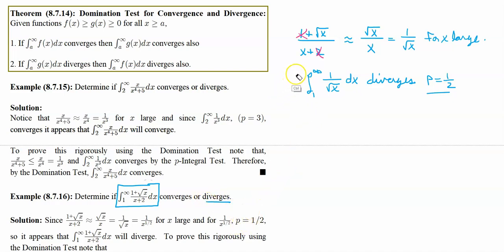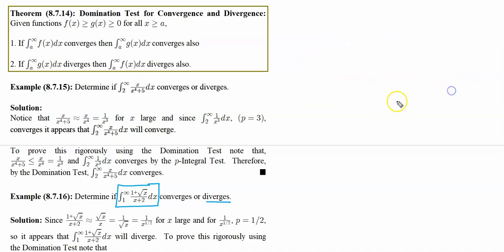All right, well, to prove it rigorously now using the domination test, we want to consider ourselves as being in case 2. So we want to think of the integrand here as being the f of x, and we want to find a g which is a little bit smaller than it, in which the integral of the g diverges, then we can conclude that our integral down here will diverge as well.